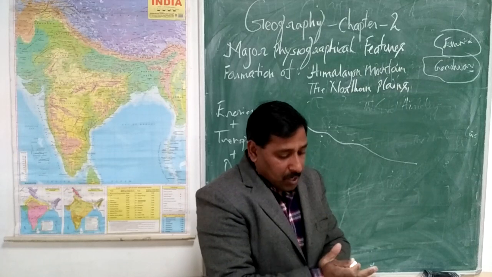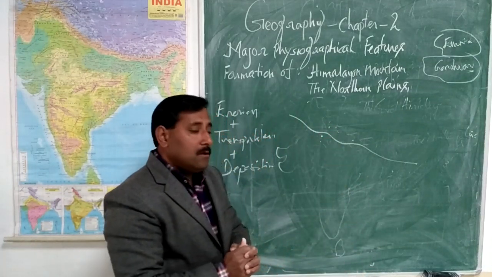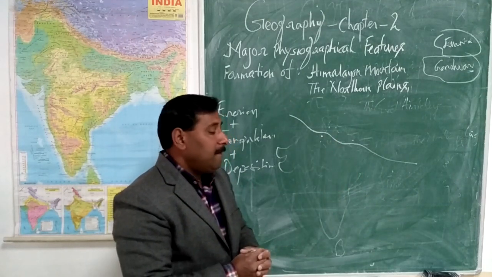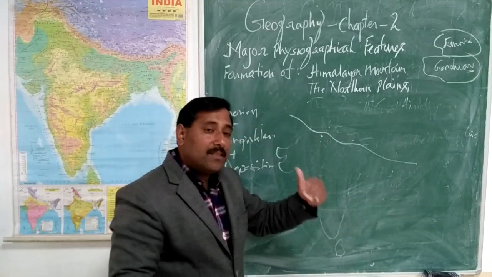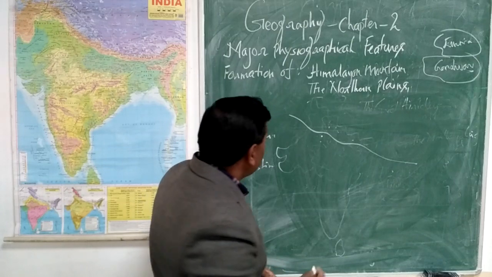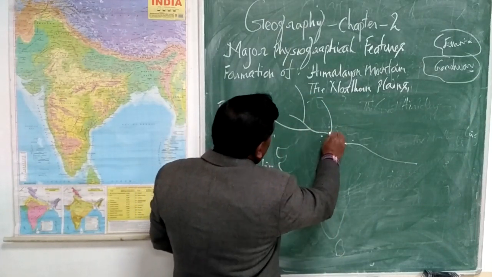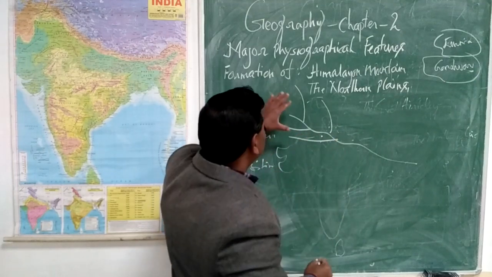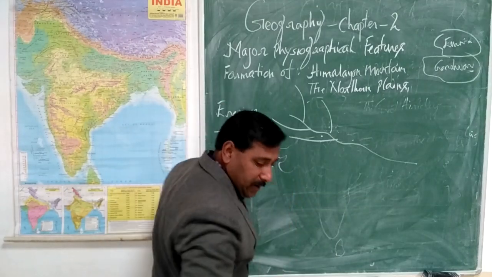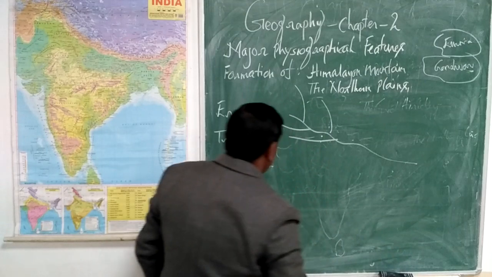Now it is very important to know how the depositional work takes place and, when a river flows, what the different stages of rivers are. Very important. See, when the river starts from the origin point, from the mountains, you can understand it properly with the help of this cross-section diagram.